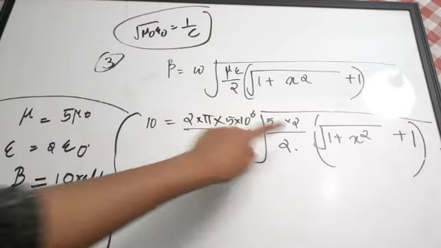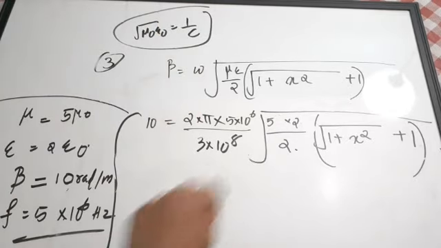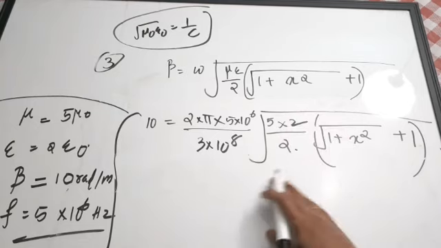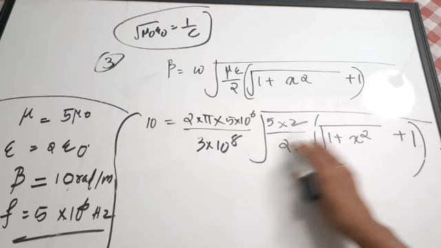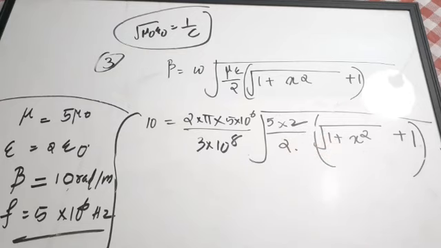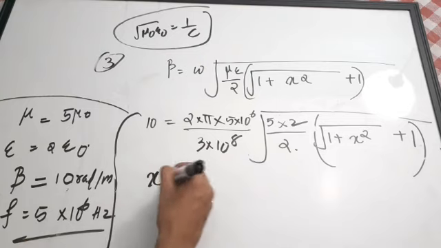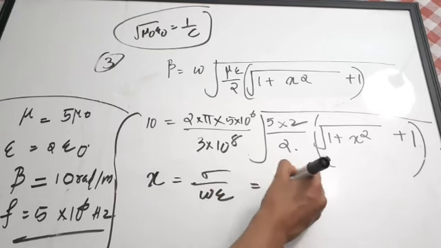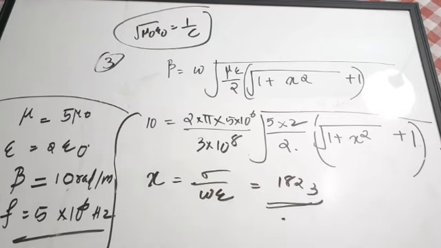So now there is only 5 into 2 remaining. All the other values we have substituted, and x is what we need to find. If you solve it, you will get the value for x, that is sigma by omega epsilon, which is 1823.